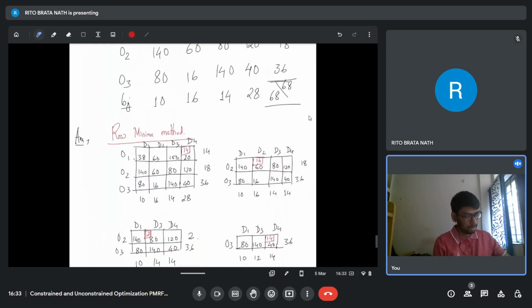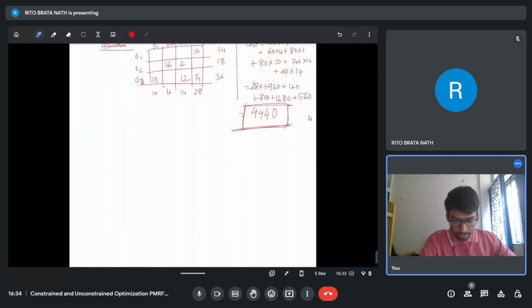Okay, so let's do the next problem. Let's move on to the next one. So let's solve this. Okay. So let's solve this above problem using column minima method.